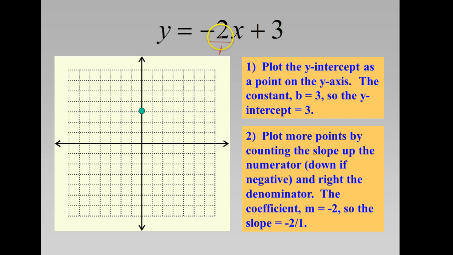So this is telling me to go down 2 and then go to the right 1. Down 2, to the right 1. Or we could do it the other way around. Remember, with the slope we can always switch it. So we could go up 2 and then run to the left 1. And then here is the line.